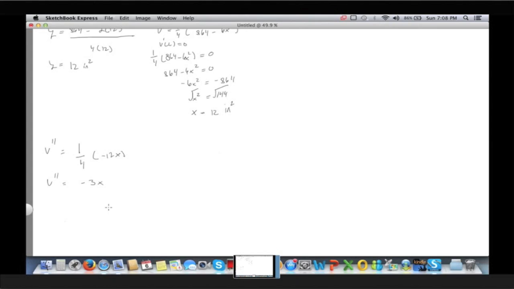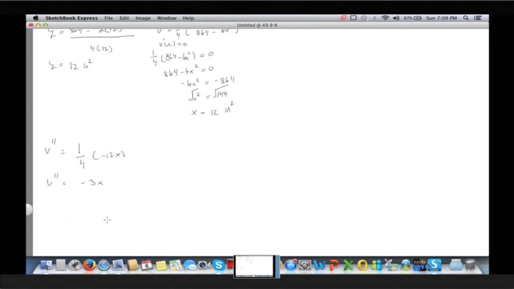Basically, remember that to find an absolute maximum, we need to prove that the second derivative is negative everywhere on the domain. Well, what's the domain here? The key thing is that, as I think you already recognized, the x's have to be positive or they don't make sense. So the domain is positive x's. When x is positive, is v double prime going to be positive or negative?